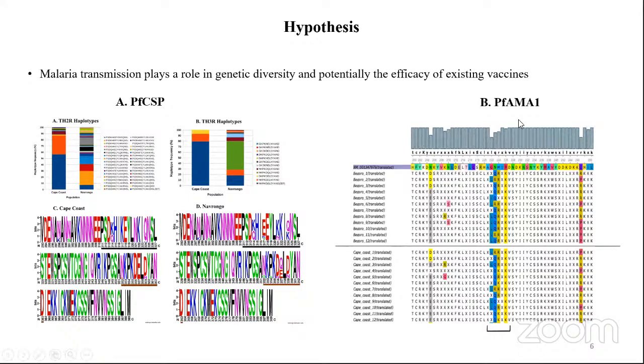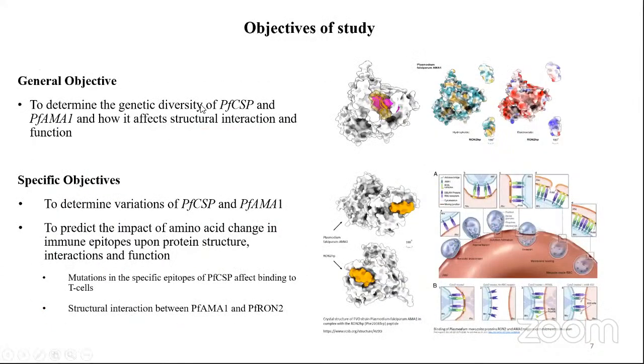So with all these variations that we've seen, we want to go ahead and look at how they affect structural interactions and function. Specifically, we've already ascertained variations in PfCSP and PfAMA1 in Ghana.